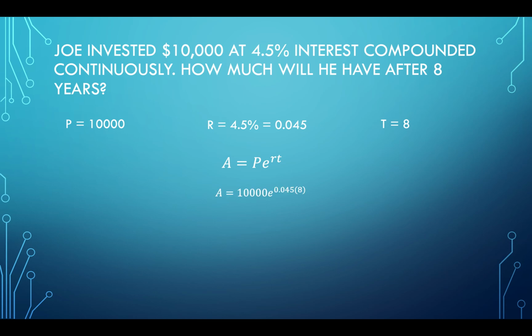So 10,000 times e to the 0.045 times 8 power. First, do 0.045 times 8, and we get 0.36. Simplify e to the 0.36 power, and we get 1.4333. Then we multiply this number times 10,000, and at the end we get 14,333 as our final answer.